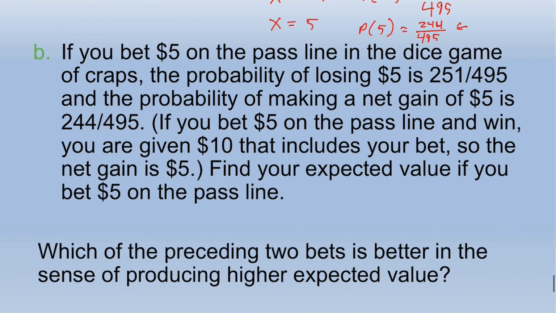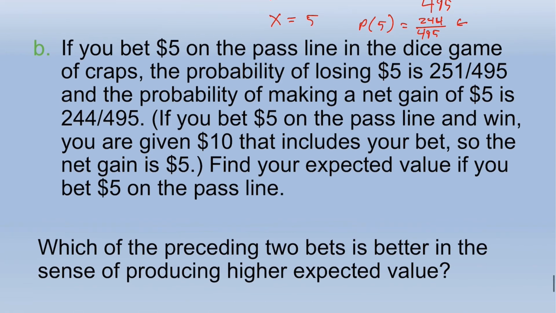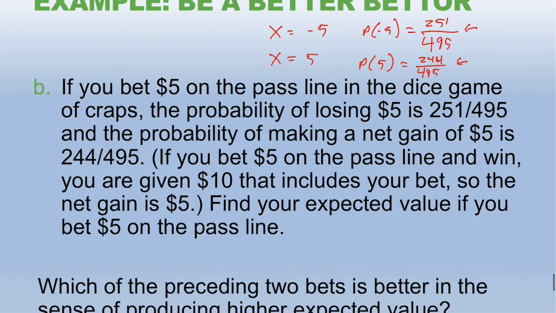All right, find your expected value if you bet that on the pass line. So the expected value here is going to be -$5 times the chance that I lose $5, plus $5 times the chance that I win those $5. So that's that right there.